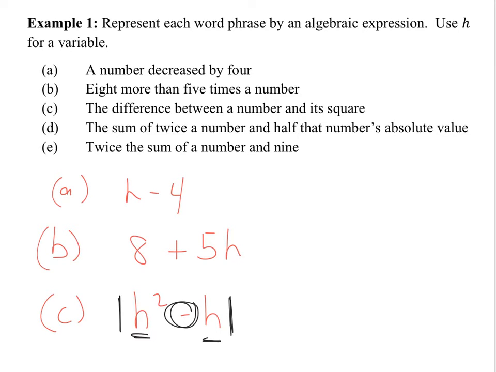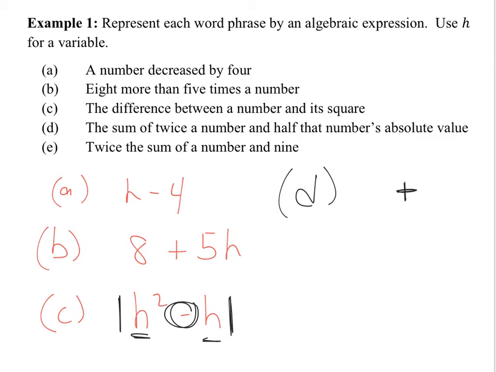How about part D? The sum of twice a number and half that number's absolute value. Part D. The sum of twice a number and half that number's absolute value. What do you think of when you hear sum? The result of addition. Addition. So let's start with that.